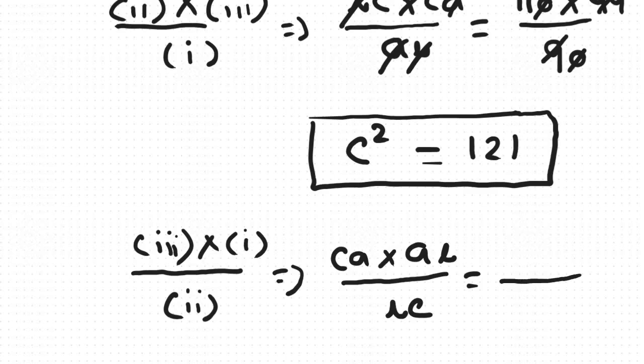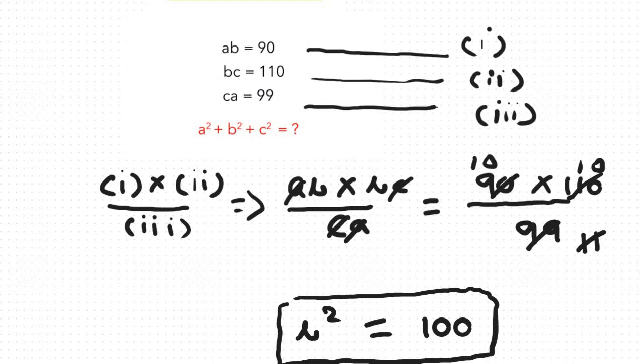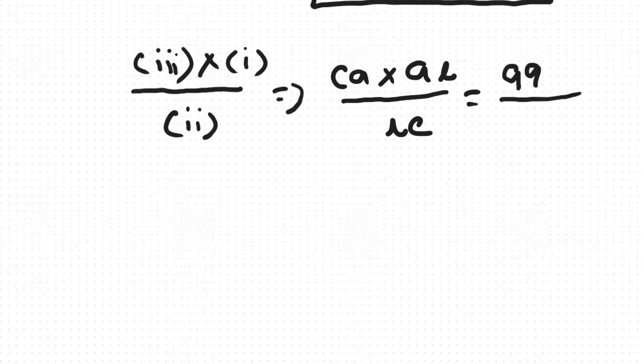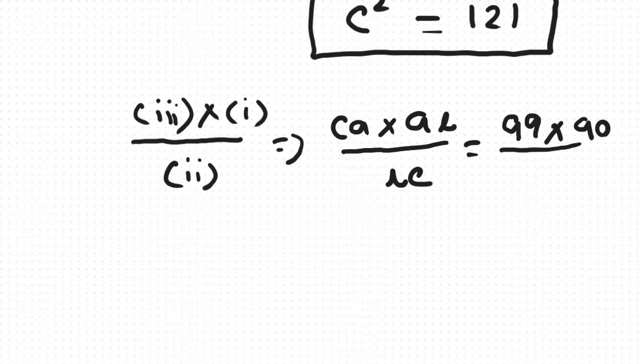On the right side we get the value of CA is 99, AB is 90, and the value of BC is 110.